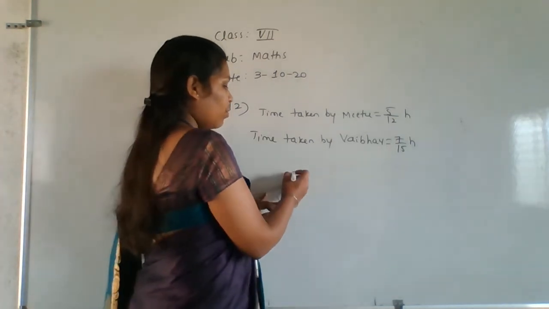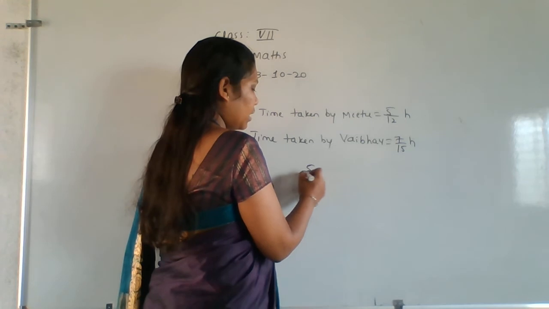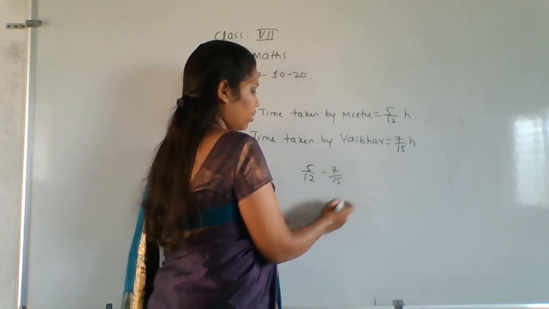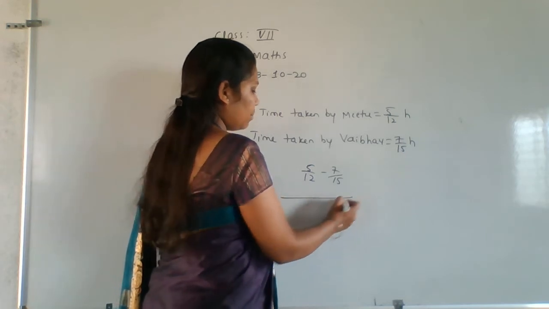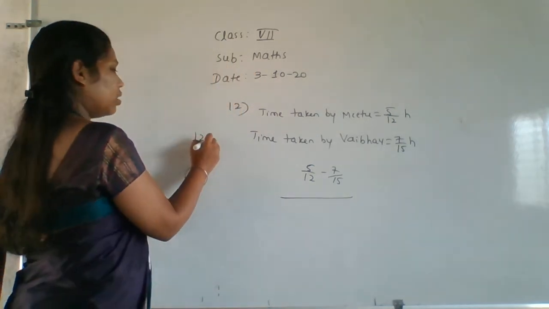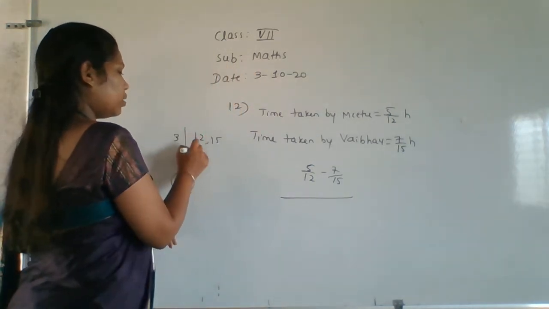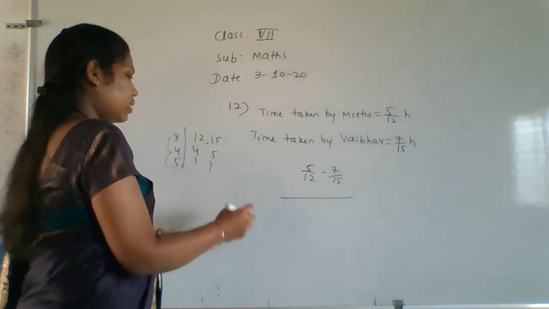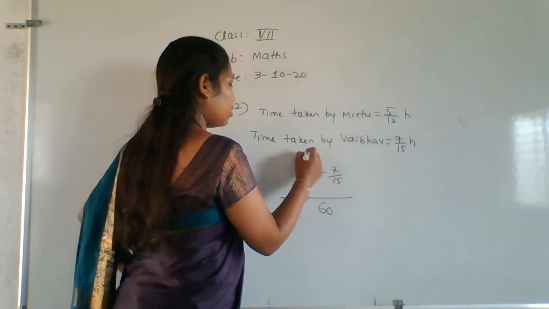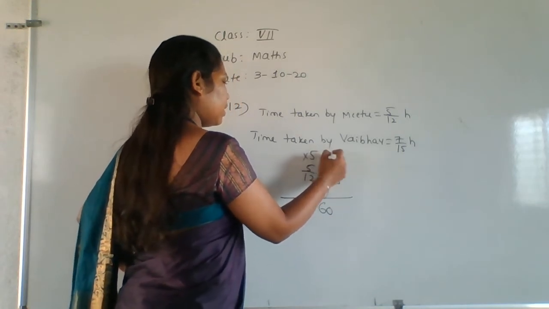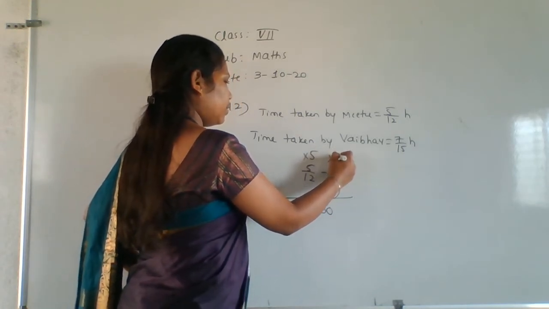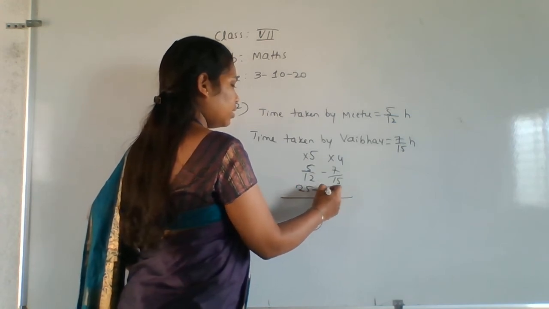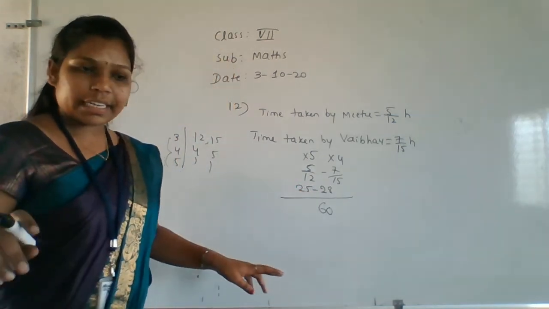Okay, first take the LCM, that is 5 by 12 minus 7 by 15. So LCM is, for 12 and 15, 3 4s are 12, 3 5s are 15, so 60. Here 12 5s are 60, 15 4s are 60. 5 5s are 25 minus 28. 28 is a greater value, right?